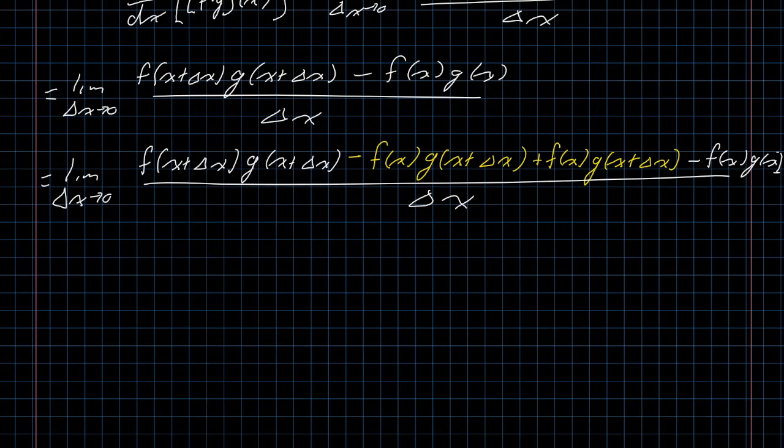And then it gets worse because I have to break this up. I'm going to take the first two terms and the last two terms and write it as two separate fractions. And I'm going to do my best to write this small enough that it will actually fit on the screen.